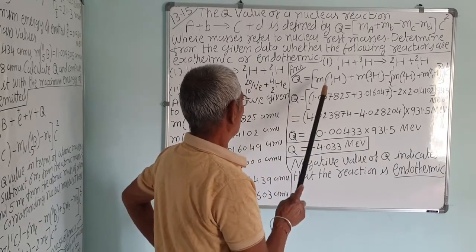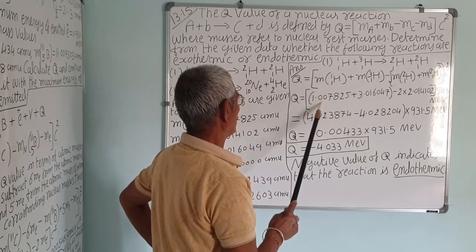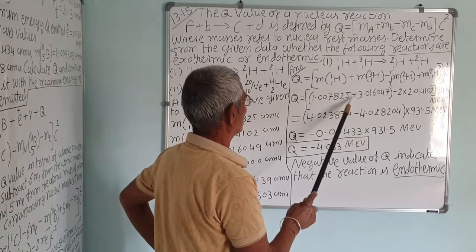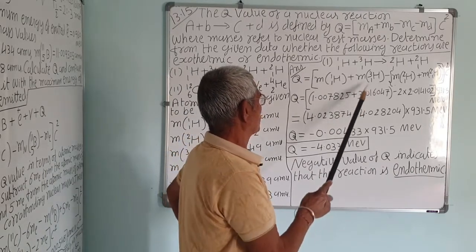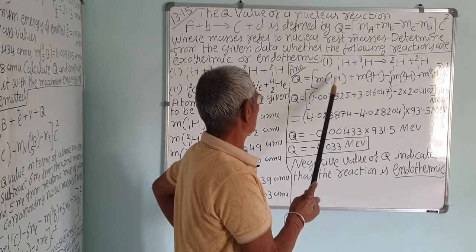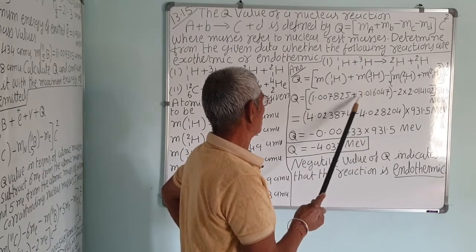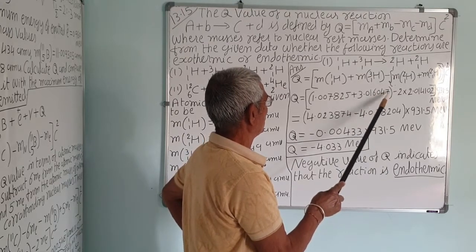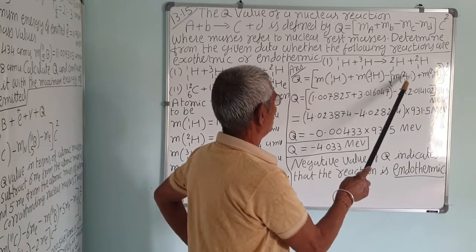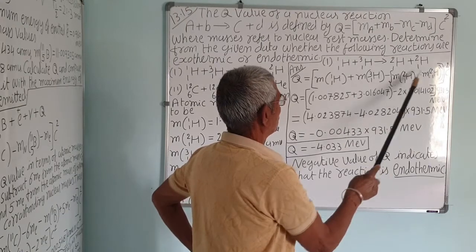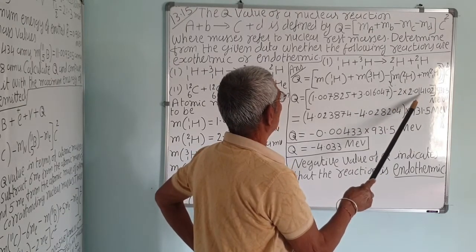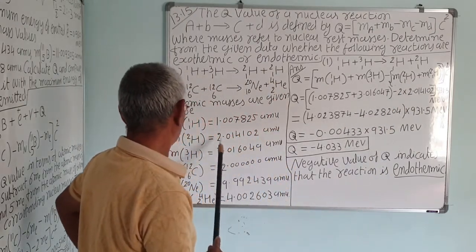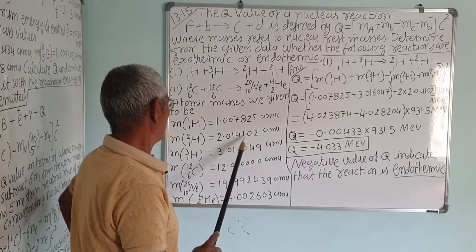So Q equals the mass of hydrogen, 1.007825, plus the mass of tritium, the isotope of hydrogen with mass 3, that is 3.016047, minus 2 times the mass of deuterium, which is 2.01412.